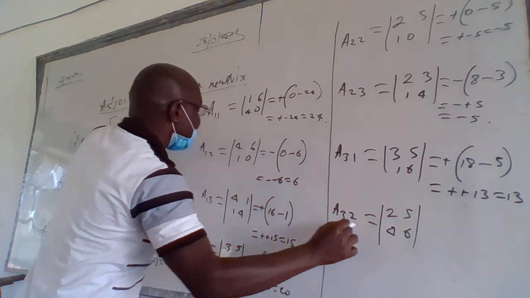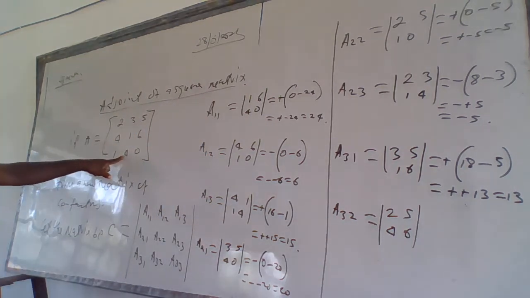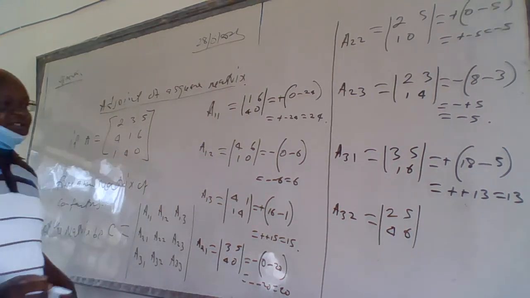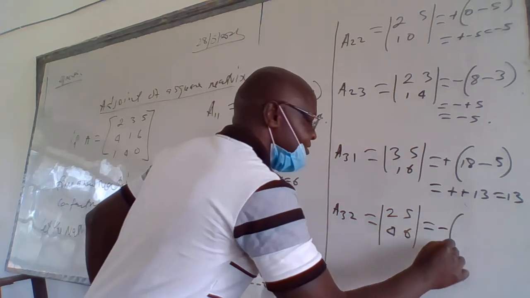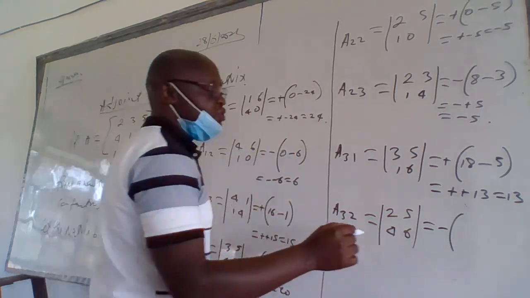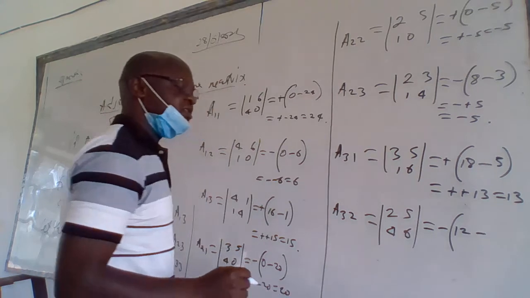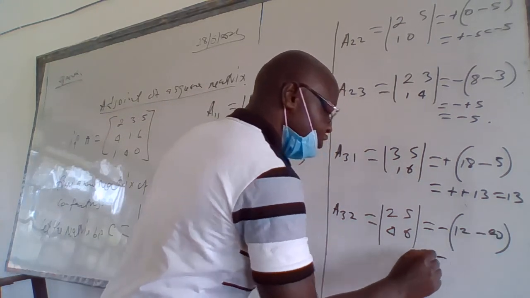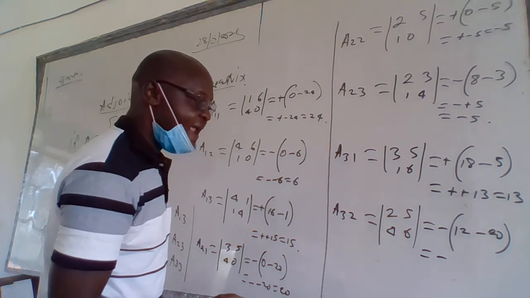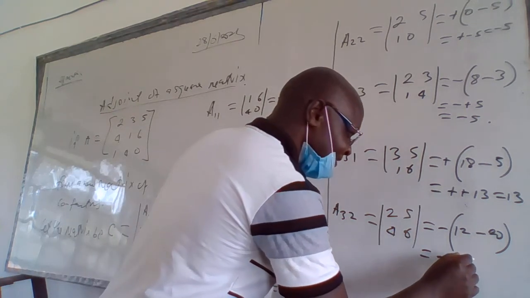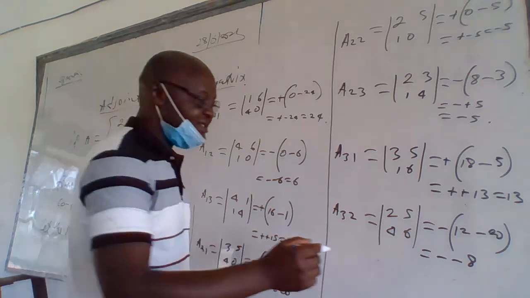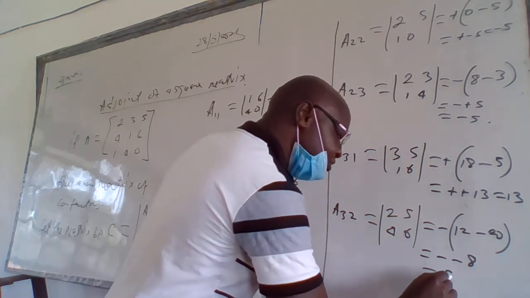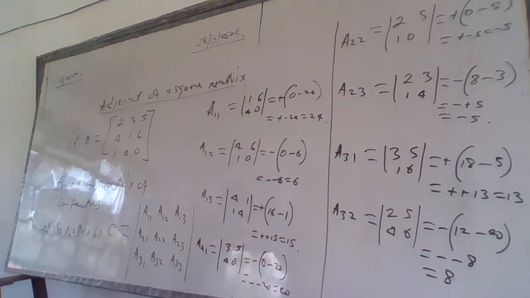The place sign negative equals to minus. 6 times 2 is 12, minus 4 times 5, 20. This equals to minus minus 8, which equals to positive 8.